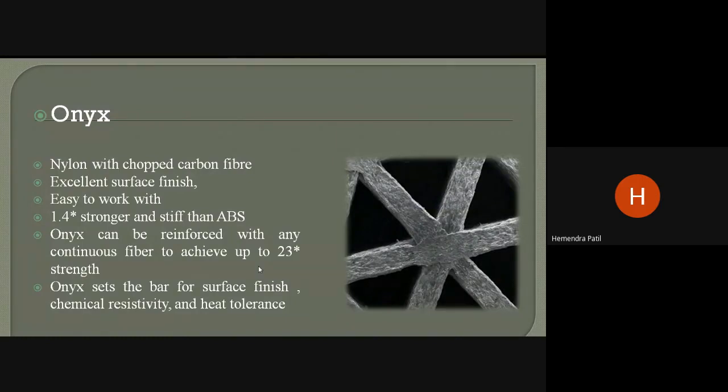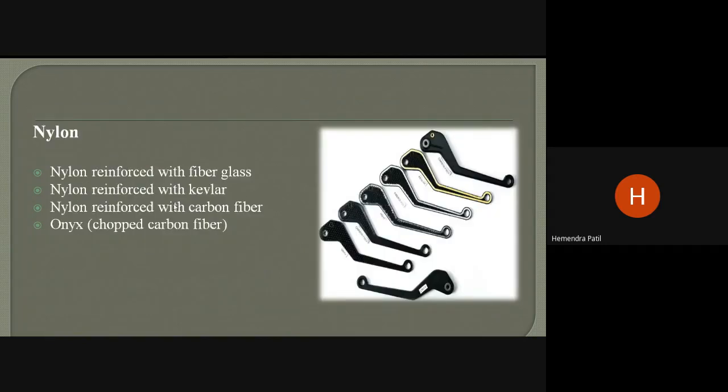So Onyx sets the bar for surface finish, chemical resistance and heat tolerance. Here are some different composites of nylon: nylon reinforced with fiberglass, nylon reinforced with Kevlar, nylon reinforced with carbon fiber, and Onyx, which we have already discussed, with chopped carbon fiber.